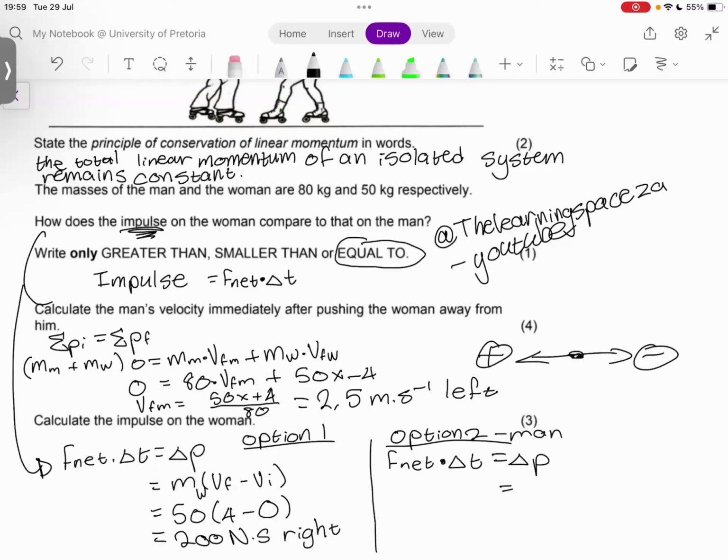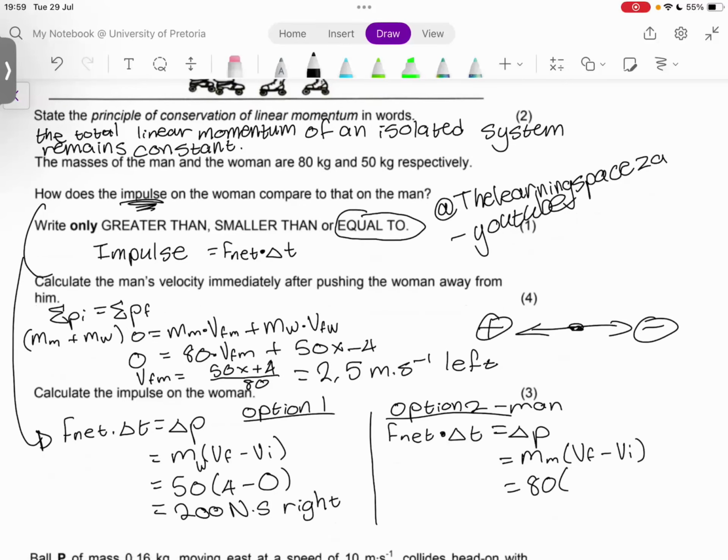If I substitute in the man's properties and expand the formula, I then end up with 80 multiplied by, in brackets, minus 2.5 minus 0. And this still gives us a final answer of 200 Newton seconds. This one should be left.